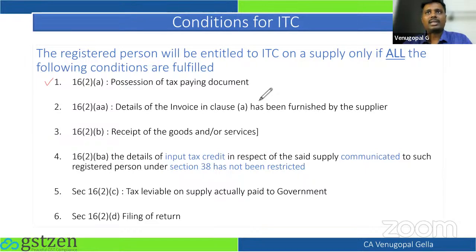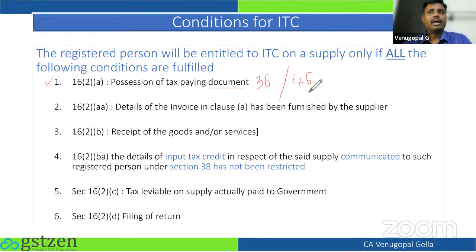Refer to rule number 36 to understand the different types of tax paying documents. More or less everyone who is buying goods will expect an invoice from the vendor. This invoice can be digital or physical, both are permitted. What the content of the invoice should be is given in rule number 46.